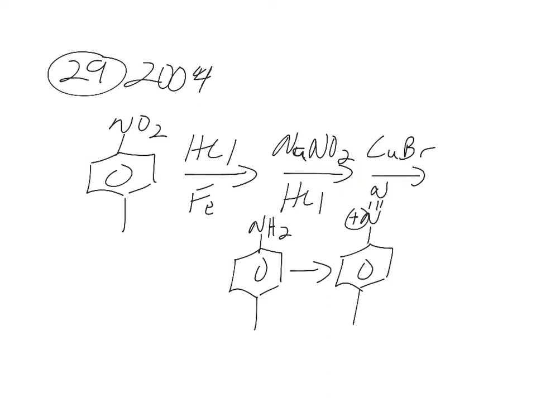And then the copper bromide comes in and does that nucleophilic aromatic substitution where the bromine attacks the carbon. It's not SN2. The pi bond comes up. So you do an addition, the negative charge bounces back down, and kicks out the N2.